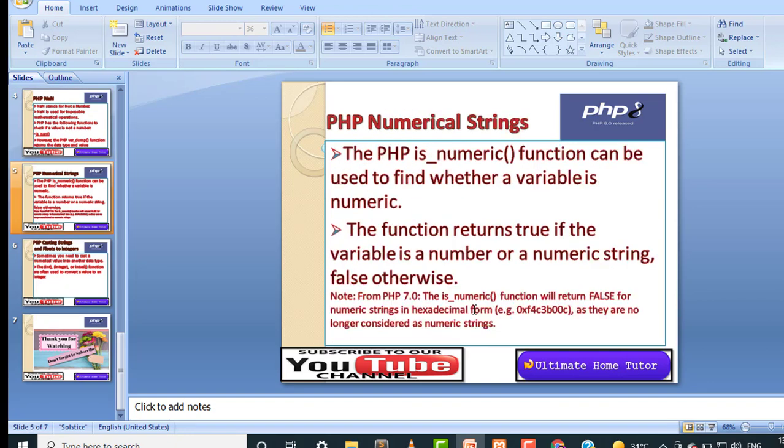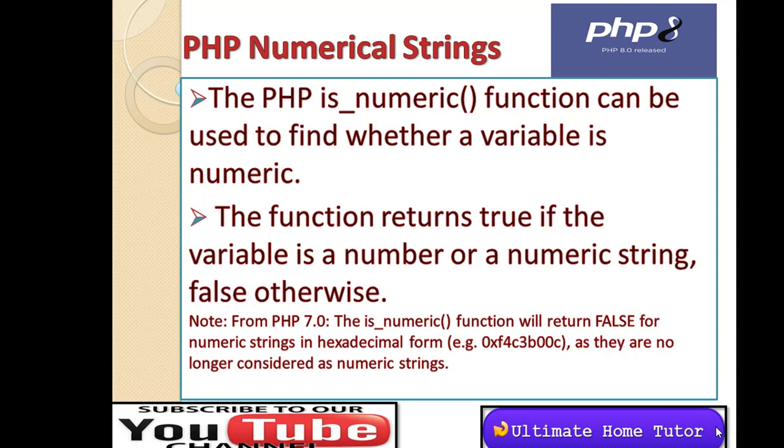Then we'll discuss PHP numeric strings. A PHP numeric string check is used to find out whether a variable is numeric. The function must return true if the variable is a number or numeric string, or false otherwise. Basically, in PHP 7 the is_numeric function will return false for numeric strings in hexadecimal, as they are no longer considered numeric values.